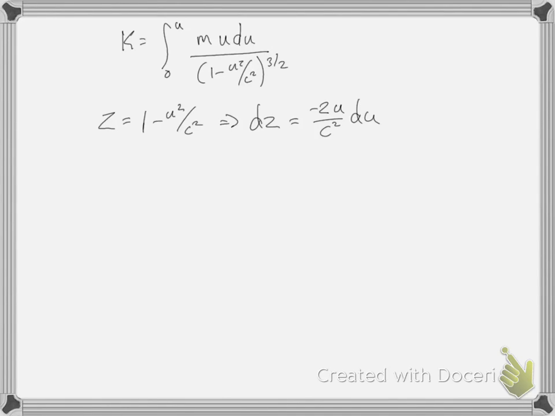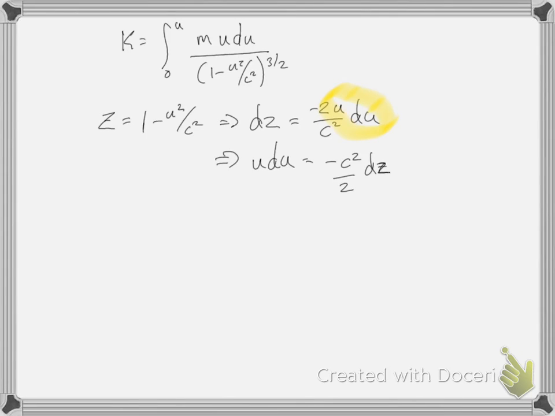So therefore, u du, right, that's what we just wrote down, is equal to minus c squared over 2 times dz. This is a z, not a 2.